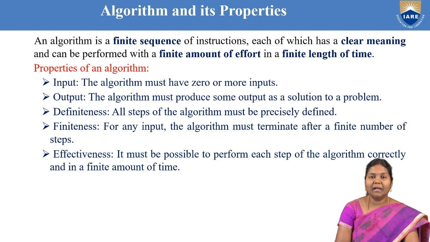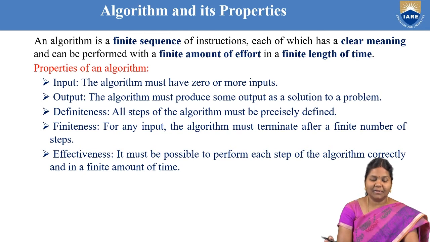So input and output are mandatory for any algorithm. You give some input to the algorithm and you expect some solution or output for the problem. Apart from input and output, we have definiteness, finiteness and effectiveness as properties.